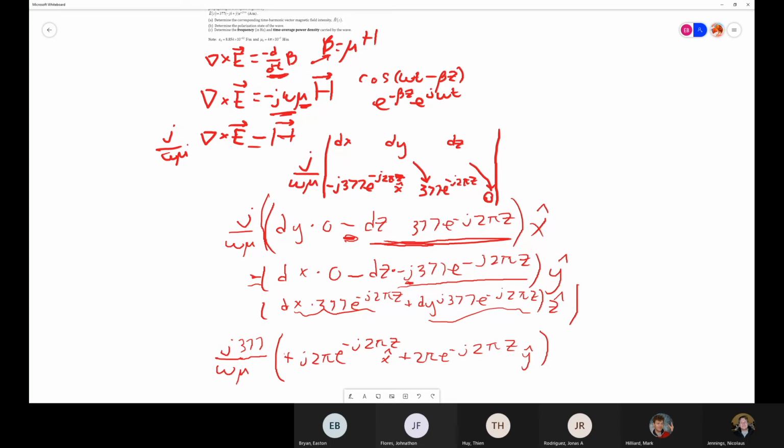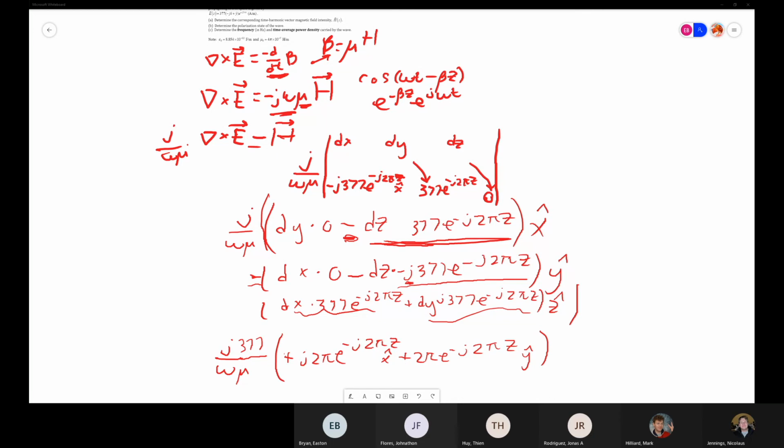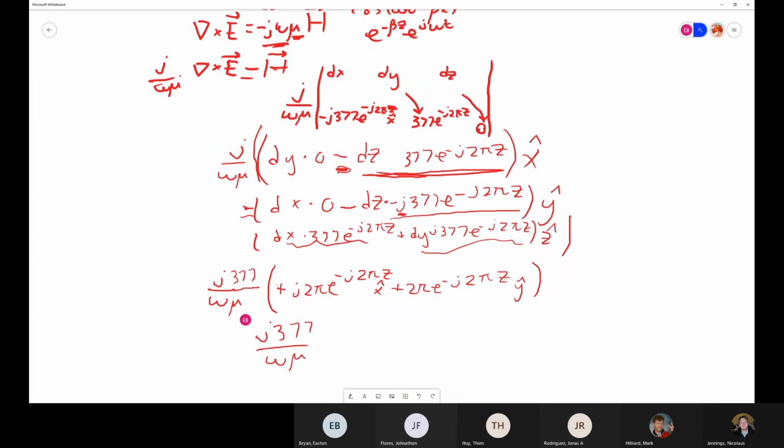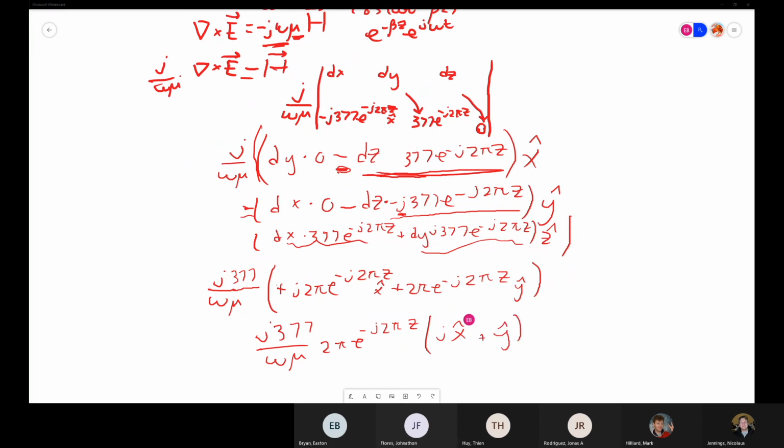Then you can further factor out e to the negative j 2 pi z if you really want to. It'll make your job easier in a second because we have to use this again. So I'm going to do that. So j 377 times 2 pi e to the negative j 2 pi z, times, once you factor out, you're just left with j x hat and then 1 y hat.